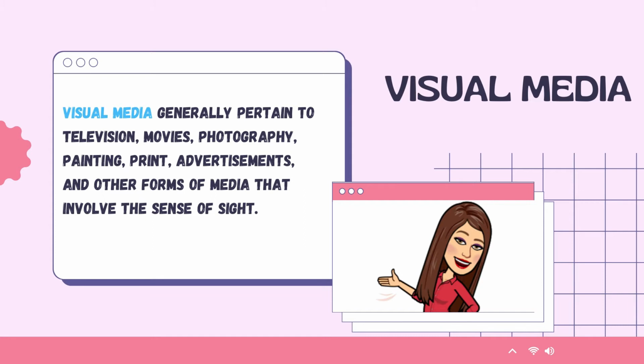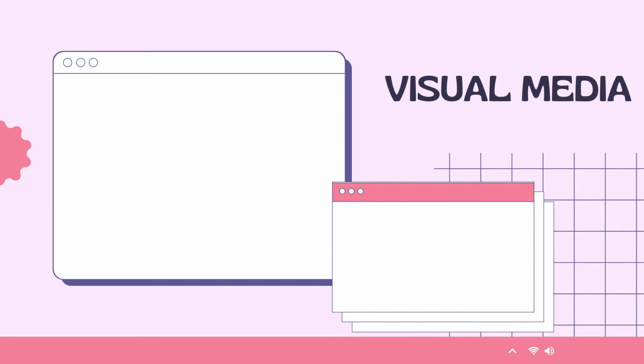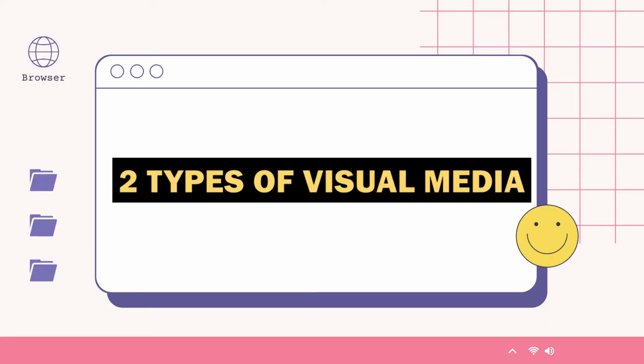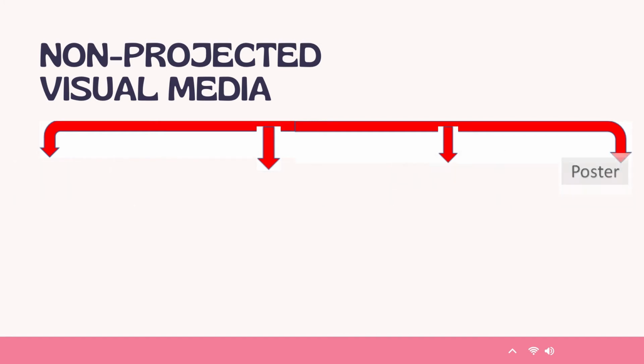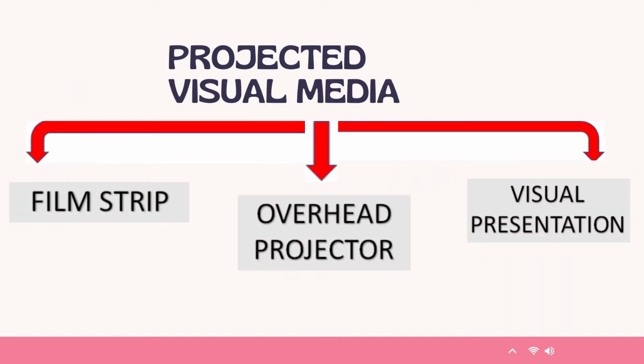Visual media has two types. The first is non-projected visual media, which are infographics, cartoons, photographs, and posters. The second type is projected visual media, and these are film strip, overhead projector, and visual presentation.